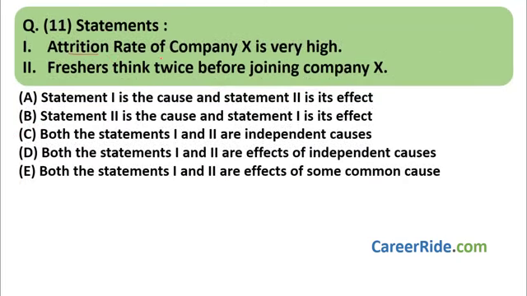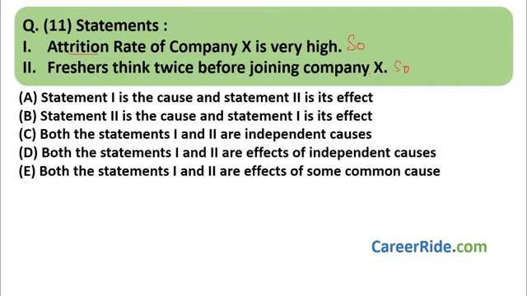Statements: attrition rate of company X is very high, so freshers think twice before joining company X. Okay, this makes sense. Let's try the other way around. Freshers think twice before joining company X, so attrition rate is very high. This does not make sense. Attrition rate actually means that people are leaving the company.